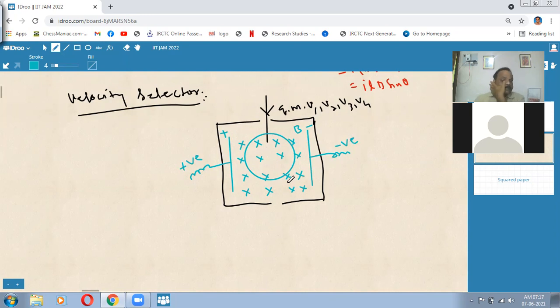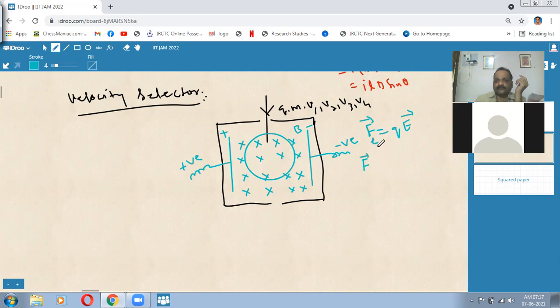Now what will happen? Whenever a charge Q enters into a uniform electric field, it experiences a force given by F equal to QE bar, we have seen. That force will be in the direction of the electric field for positive charge. Similarly, whenever a charge Q enters into a uniform magnetic field, it experiences a force.